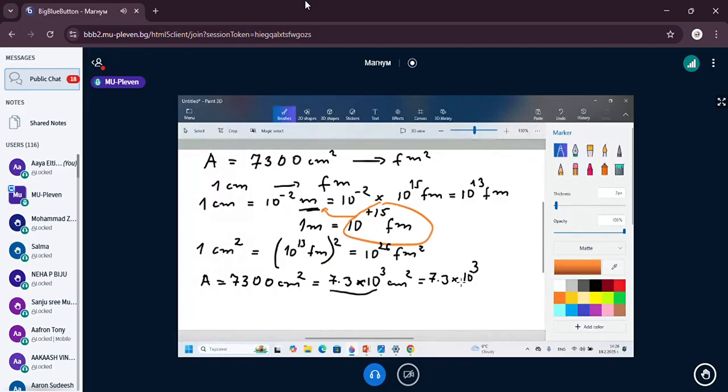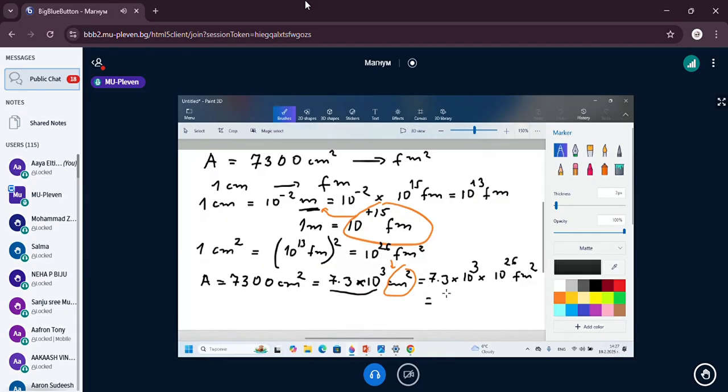And then instead of centimeters squared, we'll write its equal from the above. So that's multiplied by 10 power 26 femtometers squared.